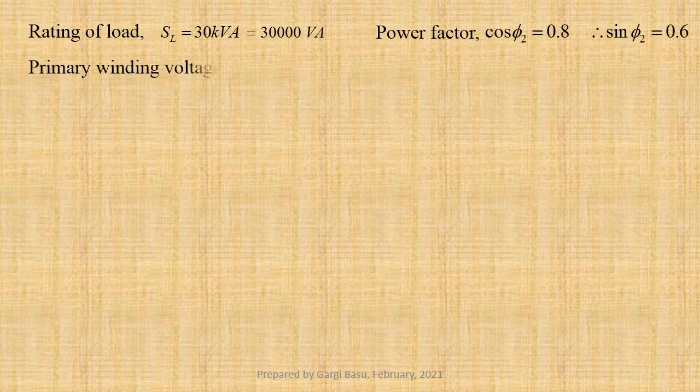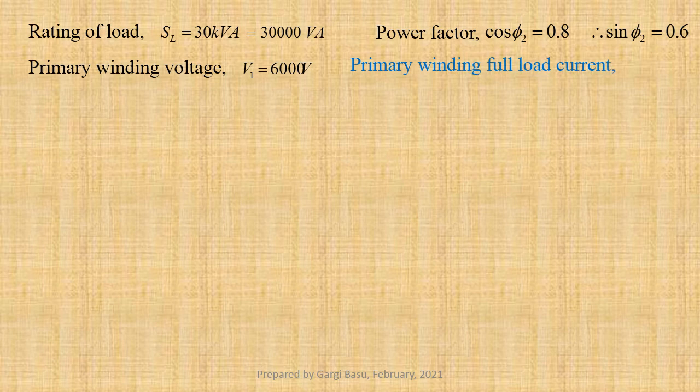Primary winding voltage V1 equals 6000 volts. We have calculated primary winding full load current I1FL equals 5 ampere. Let us now determine load current referred to the primary side.